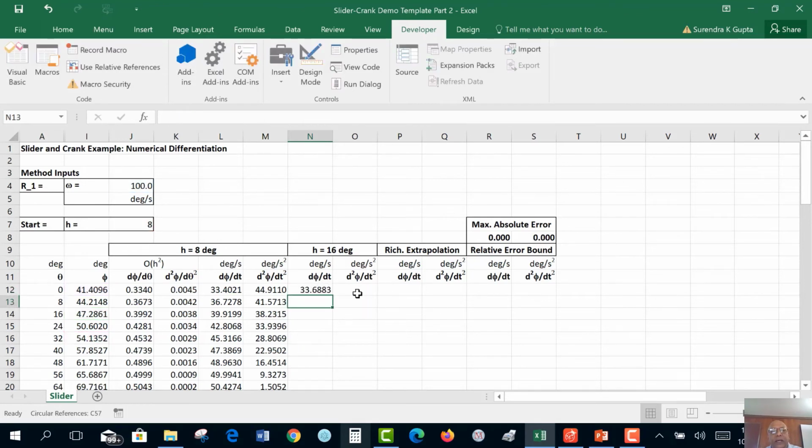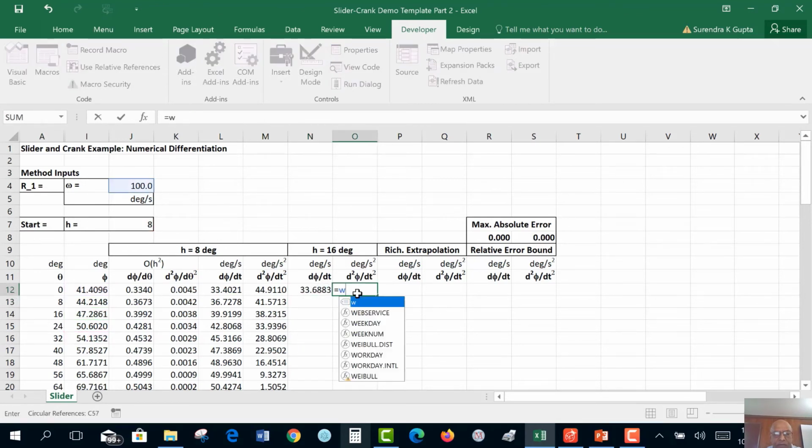All right, here is our second derivative. Omega squared times forward second derivative, 2 times H. And this needs 4 values. So we need 1, comma 2, comma 3, comma 4.